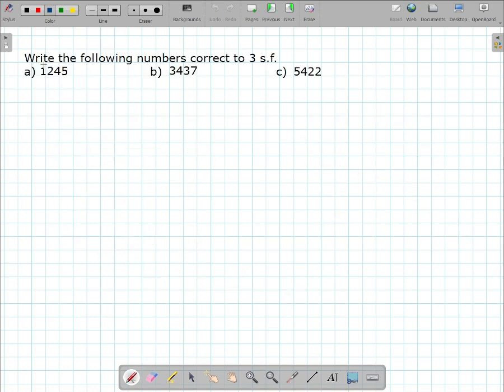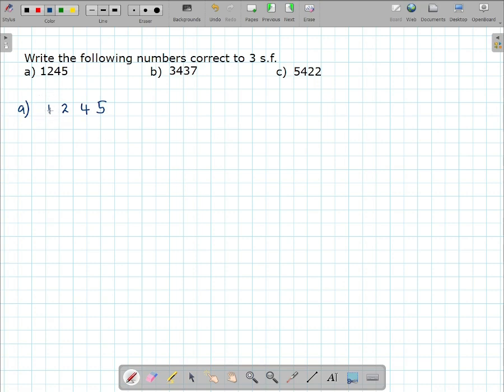First example: write the following numbers correct to 3 SF. So what is the first number? That is 1245. I'm going to call that number A. The first non-zero digit is 1.